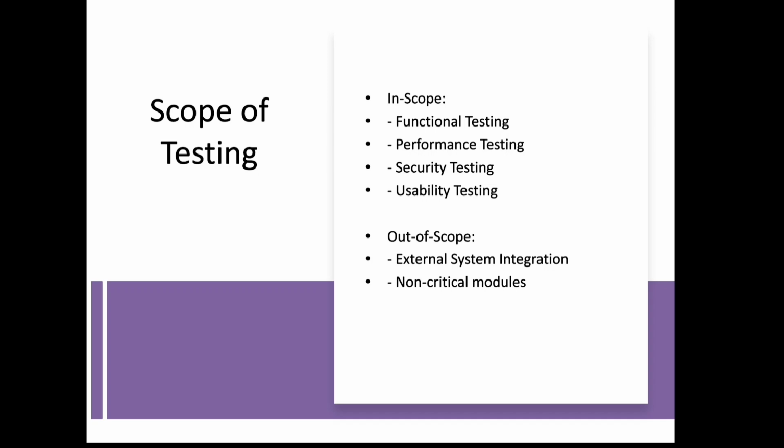So all these things should be in scope. Out of scope means things like external system integration, or some third-party microservices we are using that are not required right now. Some non-critical modules are also out of scope: if a bug appears in them in future, it will not cause any harm or problem in our software.